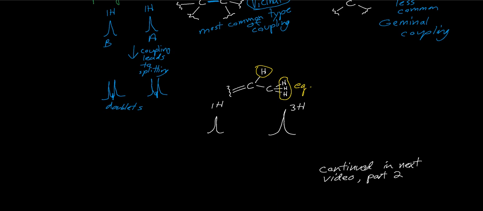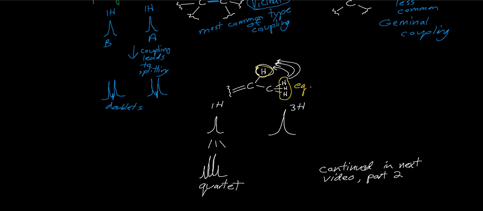The 1 hydrogen signal would be split 3 times by each of its neighboring protons. So you'd have the initial signal split 1, 2, 3 more times, resulting in 4 lines total, or a quartet.